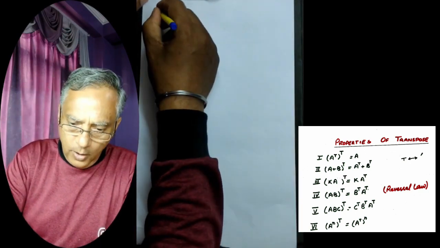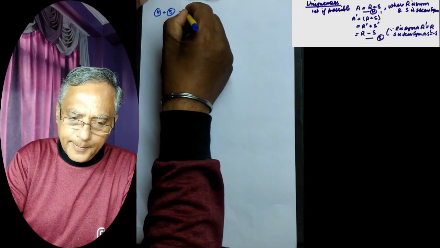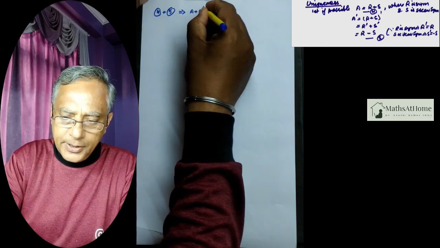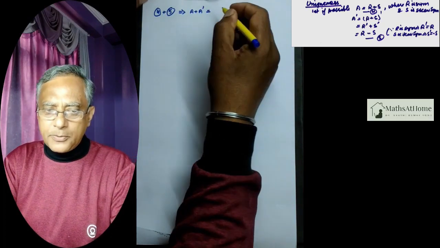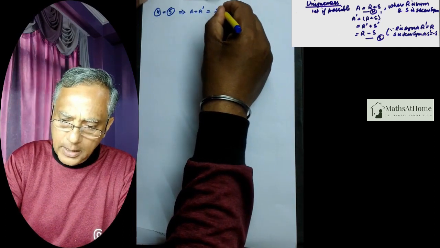Now 4 plus 5 implies A + A' is equal to R + S + R - S, which is 2R.